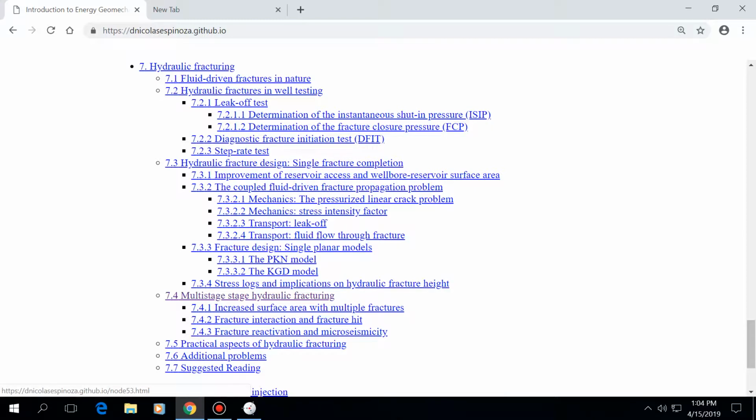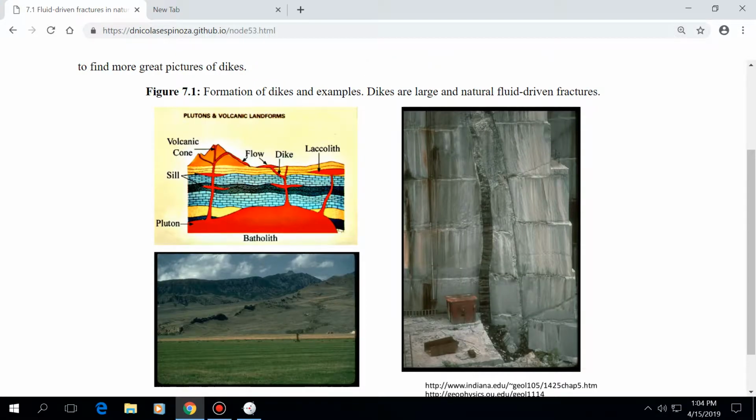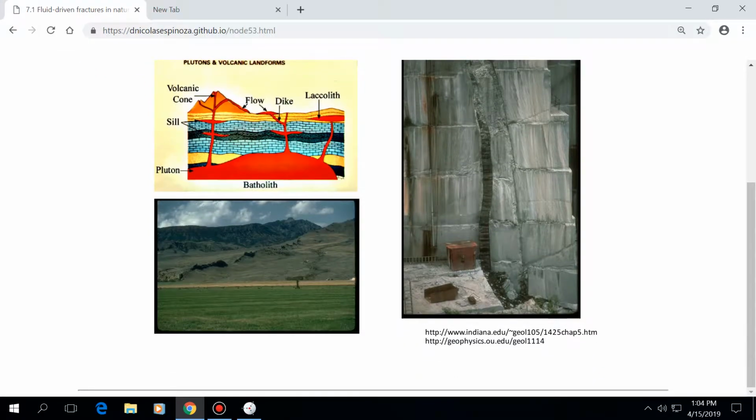So let's start then with hydraulic fractures. First of all, I wanted to emphasize that hydraulic fracture is not something that is done just by the petroleum industry. It happens naturally. And the evidence of that is what are called dikes, which are intrusions of either magma or sedimentary rocks like sand or gravel into formations.